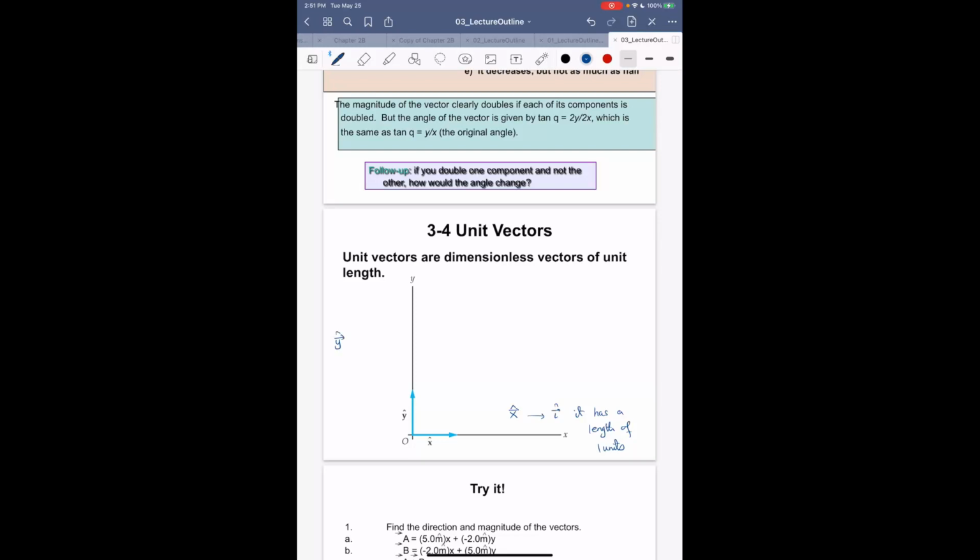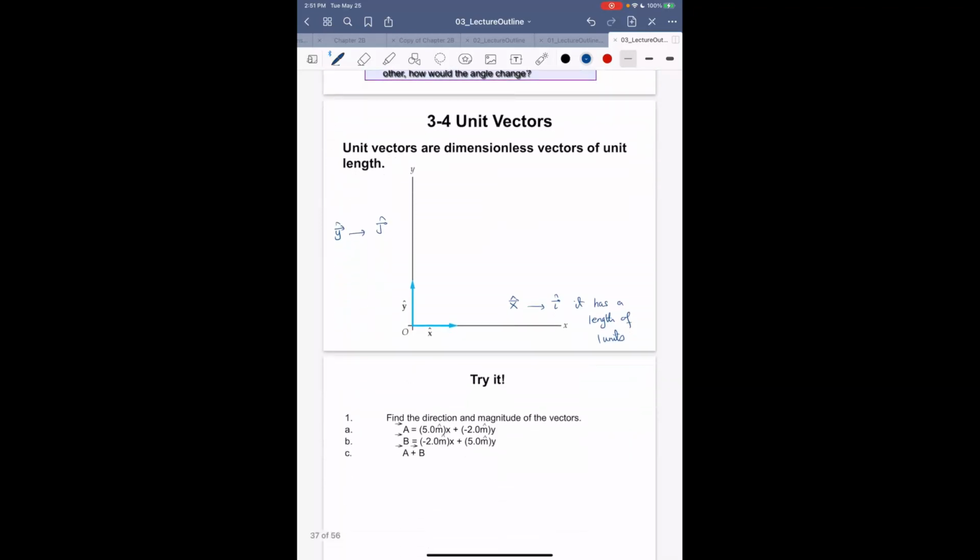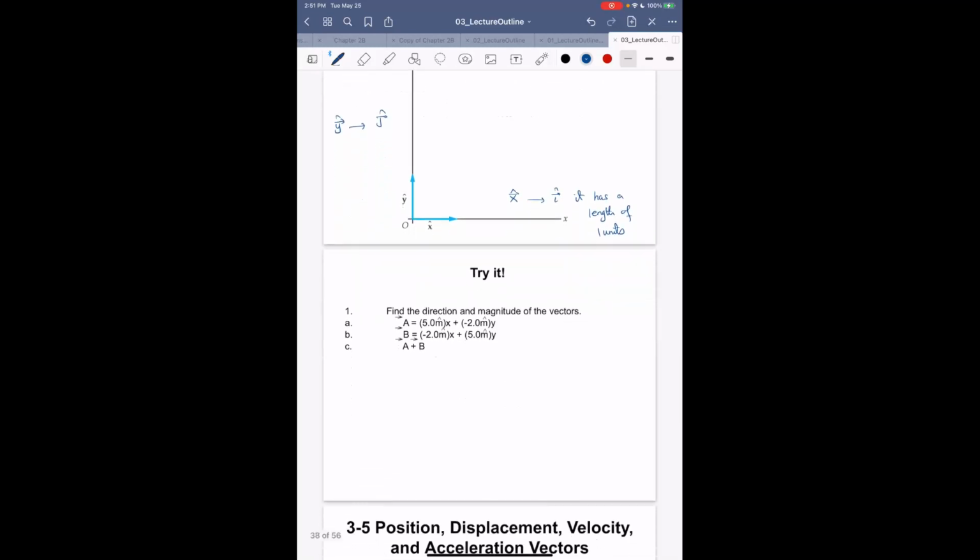And the y unit vector, we usually call it j, and also it has a length of 1. Now, I will say it's a very convenient way to express vectors and unit vectors. It's going to make the calculation very easy.